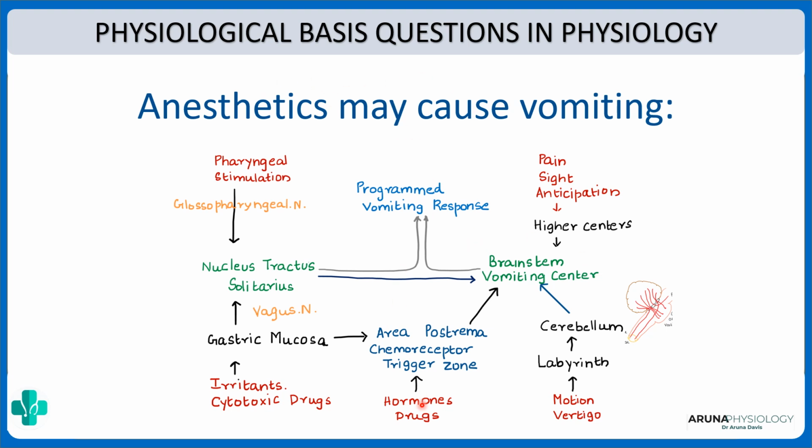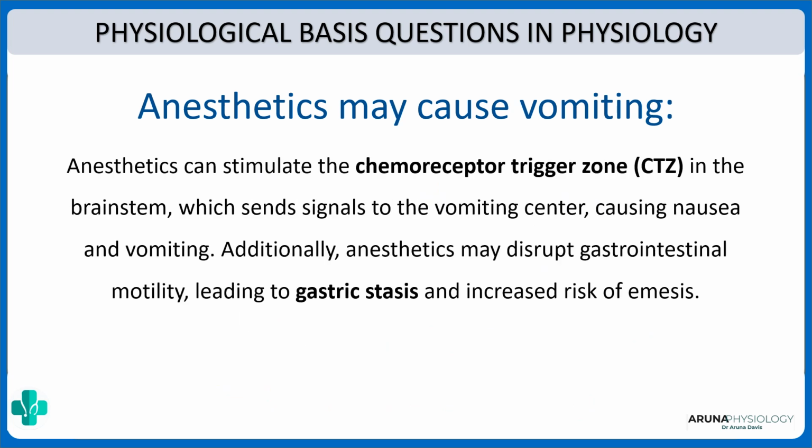Certain drugs can cause vomiting because they stimulate this chemoreceptor trigger zone, which in turn will stimulate the brainstem vomiting center. So anesthetics can stimulate the chemoreceptor trigger zone in the brainstem, which sends signals to the vomiting center, causing nausea and vomiting. Additionally, anesthetics may disrupt gastrointestinal motility, leading to gastric stasis and increased risk of emesis.